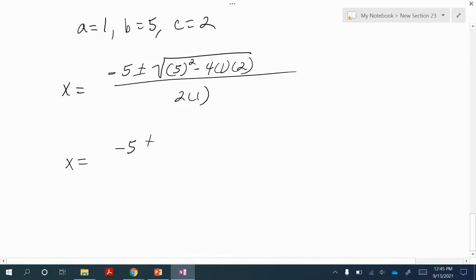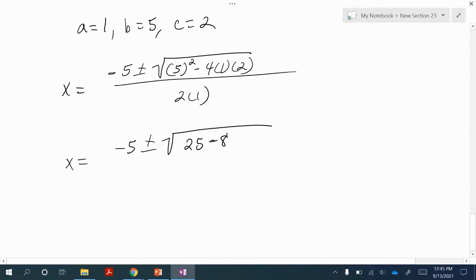So we have x is equal to -5 plus or minus. So inside of the square root, we have to follow the order of operations, right? Please excuse my dear Aunt Sally. So we want to do what's in the innermost parentheses first, right? And there is no innermost parenthesis. Next, we'll evaluate our exponent. So 5 squared is 25.